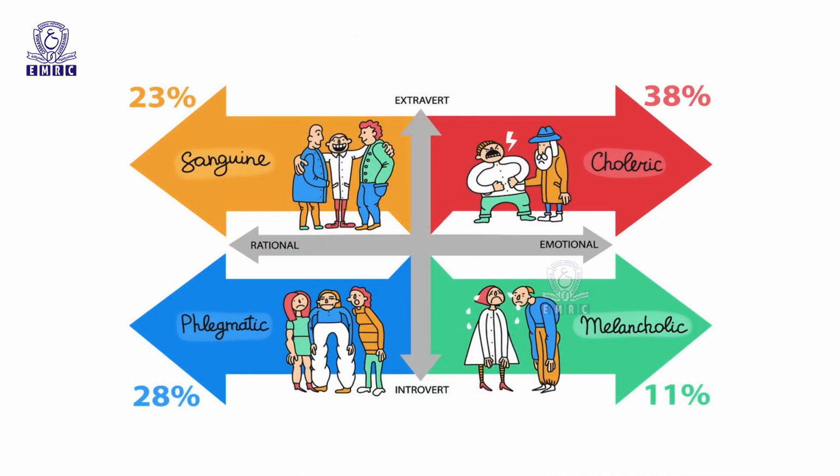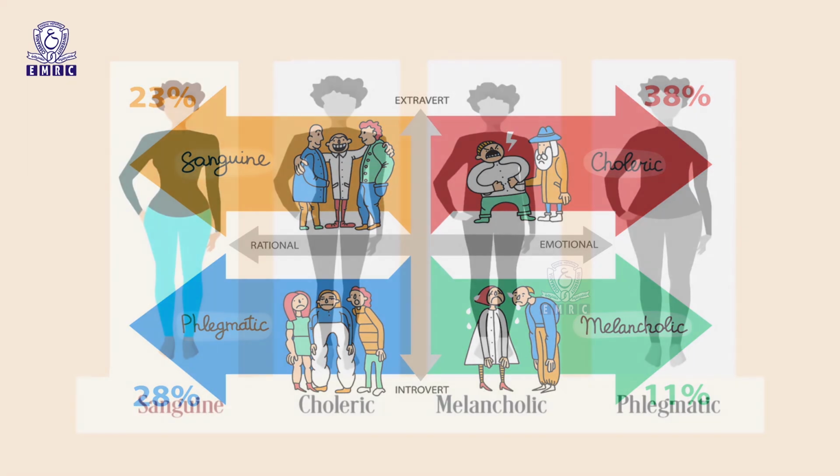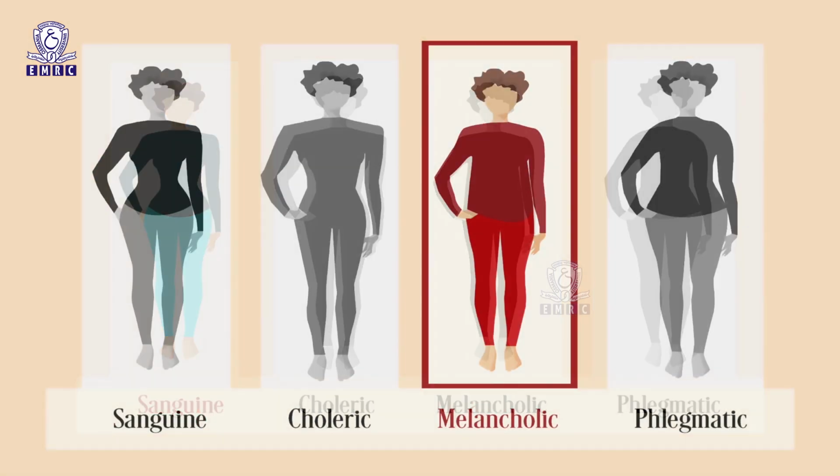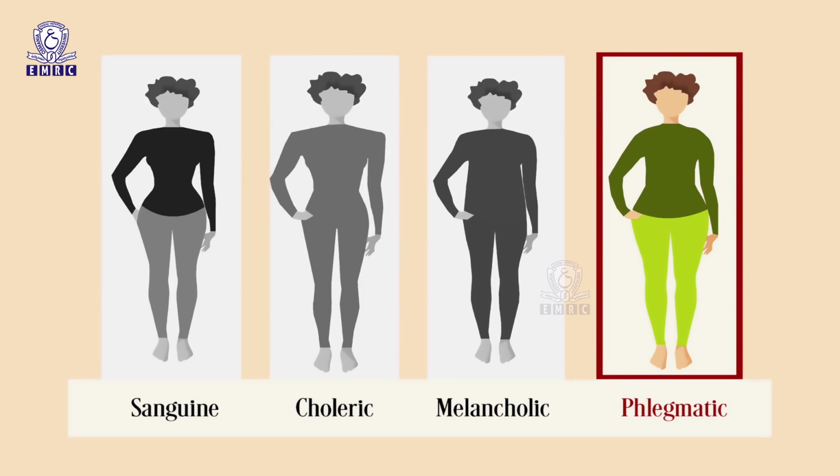The actual personality type was determined by the percentage of each fluid the person contained. For example, an individual may be mostly sanguine, but also somewhat melancholy and phlegmatic. Of course, this was all based on philosophy. Hippocrates never actually opened anyone up to measure the quantities of these supposed fluids.